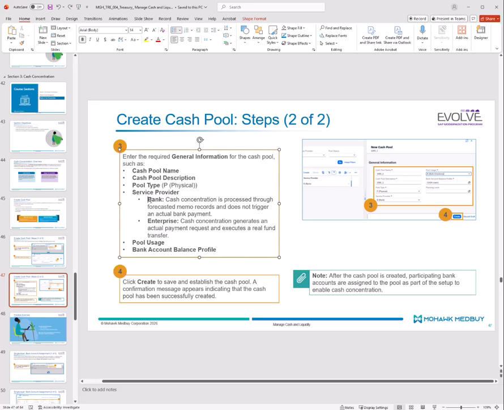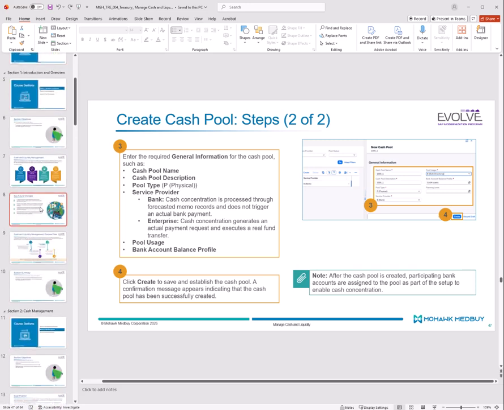If we are expecting that we will transfer some amount next week, we create that memo record so that on that day our funds will look like this. But after the actual transaction happens, this memo record will expire, and the actual entry will hit our system.